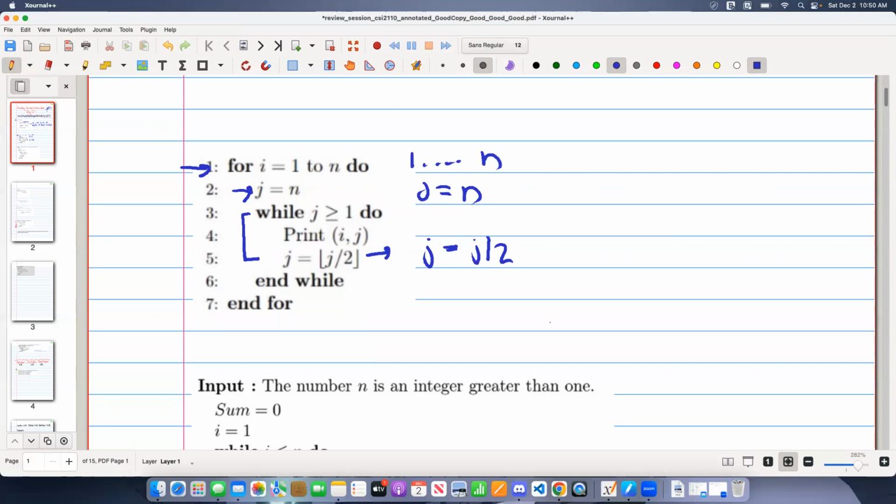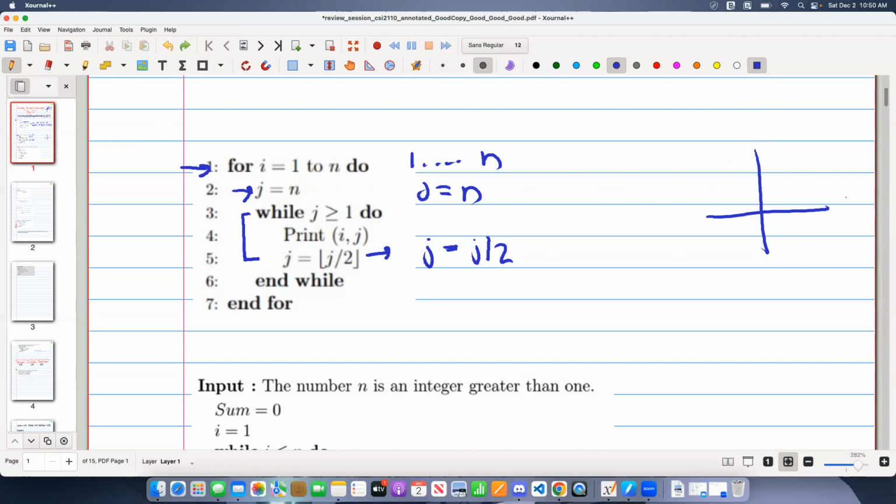So it goes 16, then 8, then 4, then 2, then 1. If you graph this out, it's exponentially decreasing.